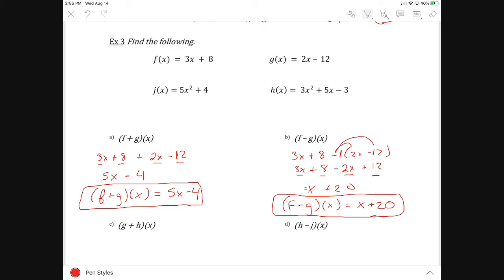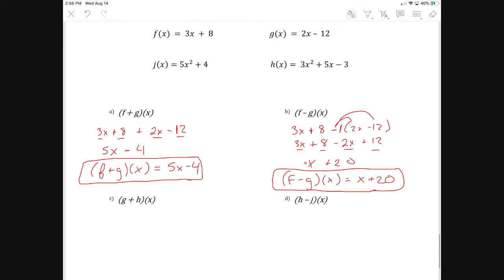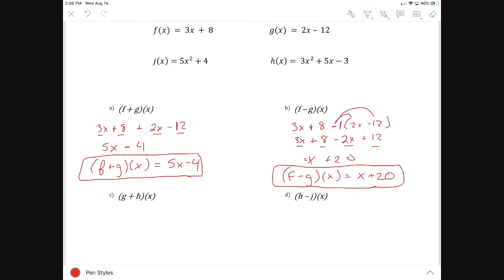We have our g plus h of x, which can also be read as g of x plus h of x. So our g is 2x minus 12 plus 3x squared plus 5x minus 3. Big difference here.